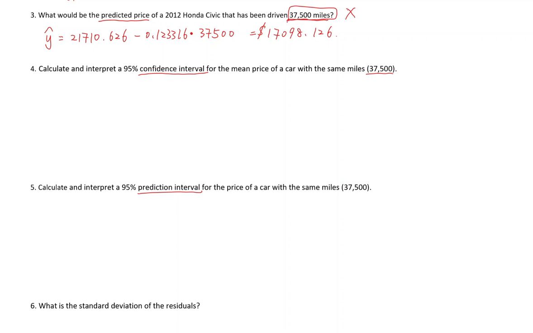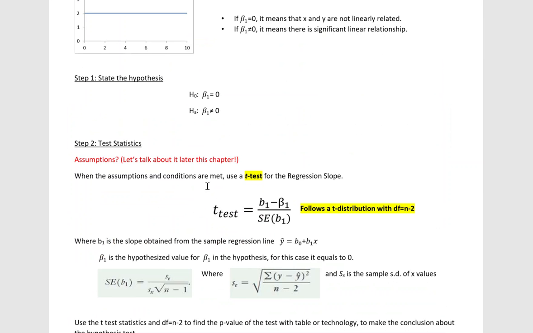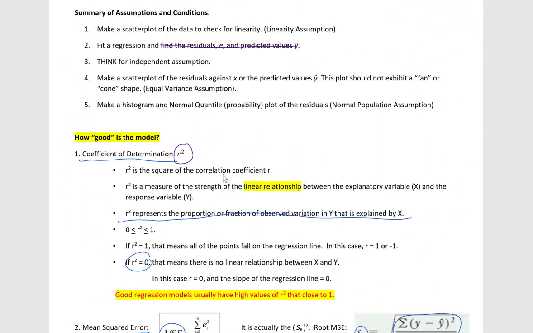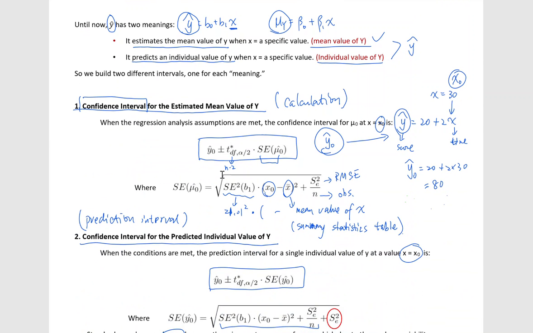Right, so now let's review a little bit from the chapter notes. We have a separate section, right? So we say this y hat has two meanings. Y hat in this sample regression equation predicts an individual value of y based on the x.